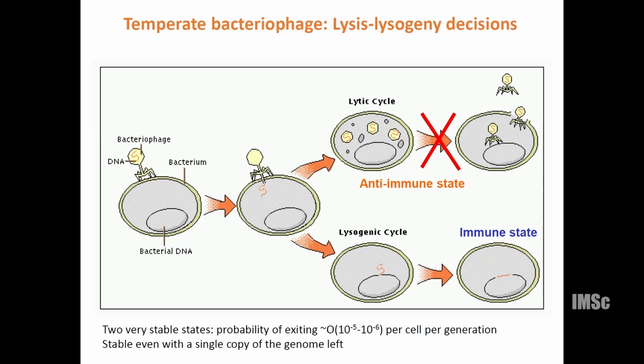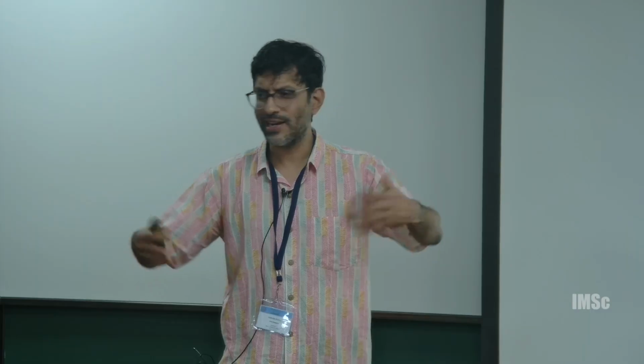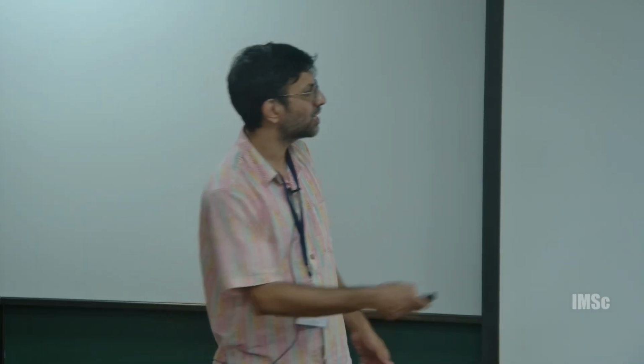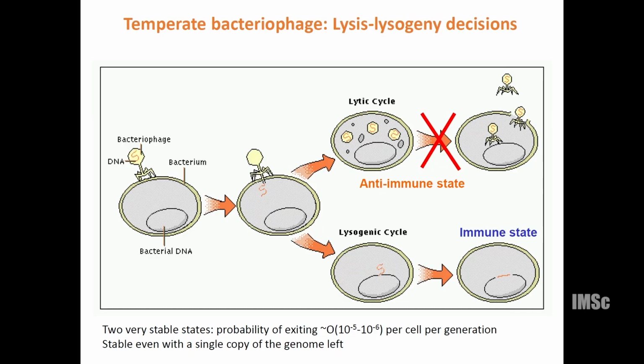So there are these two processes, and I said this is very stable. In fact, in a certain sense even this state is very stable. On the face of it, it's not stable because you burst the cell and the cell dies. It's hardly a stable state. But people have done experiments with mutants which stop this process somewhere along the way, and all of these mutants, if they go into this state, are very stable.